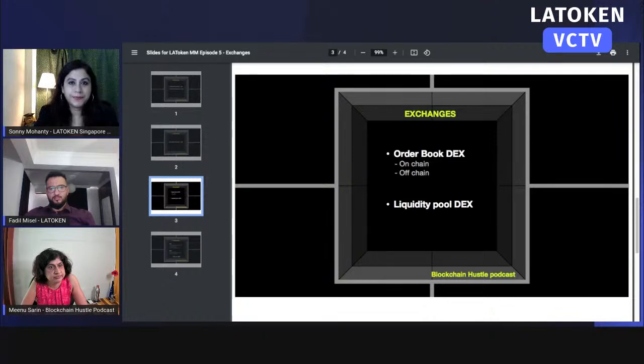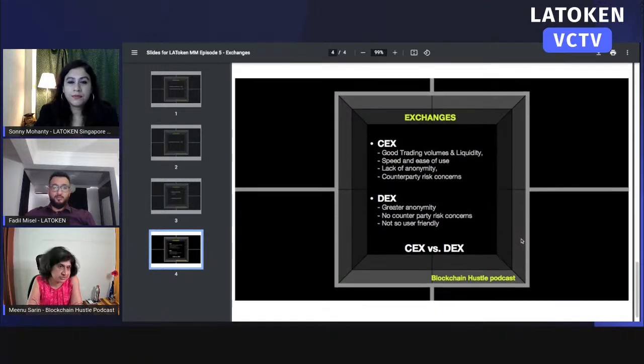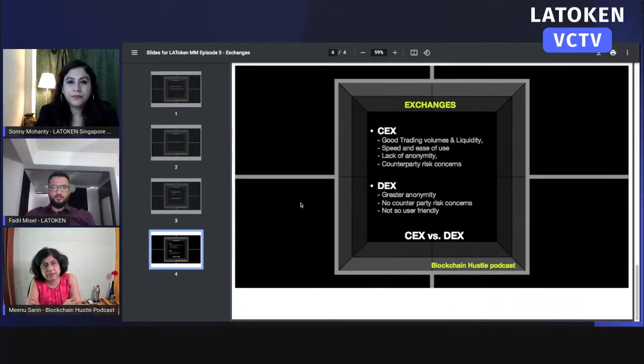Then we come to the last one, which is what we are talking about, the differences between the centralized exchange and the decentralized exchange. Each of them has their pros and cons. For example, a centralized exchange typically has high trading volumes, good liquidity, the speed of transactions is high, and it is easy to use.